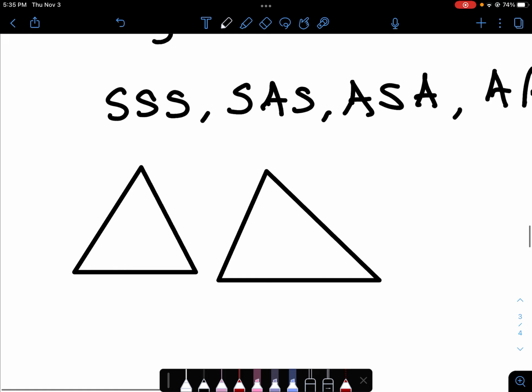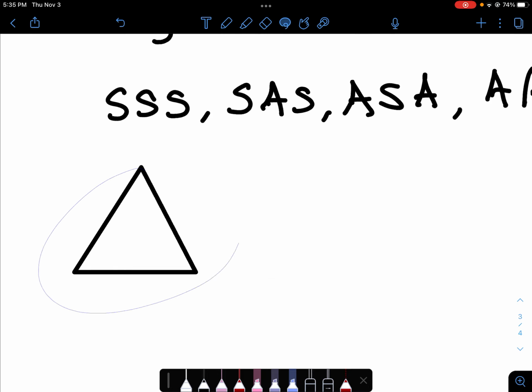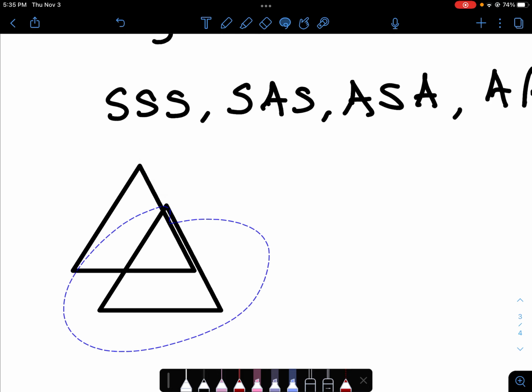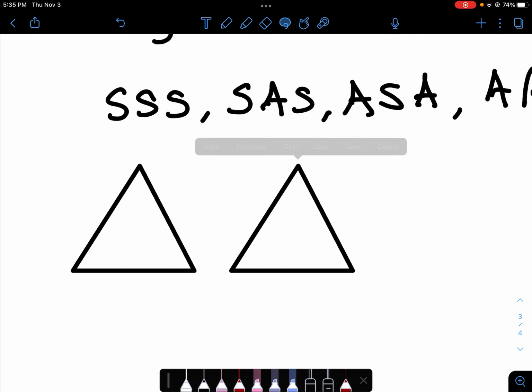Say they both have the same shape, and they look almost identical, but they have no indicator whether they are congruent or not. So how can we prove that triangles are congruent?